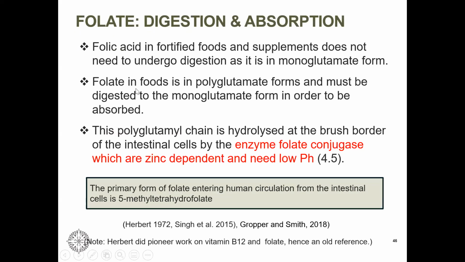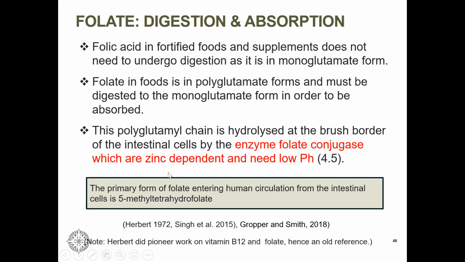So folic acid in the fortified food and supplements does not need to go through digestion because it is the monoglutamate form. Folate in the foods is in polyglutamate forms, and it must be digested to the monoglutamate form in order to be absorbed at the brush border. And here, what we need to remember is that this chain is hydrolyzed with the help of an enzyme which is specific for folate, called conjugase.